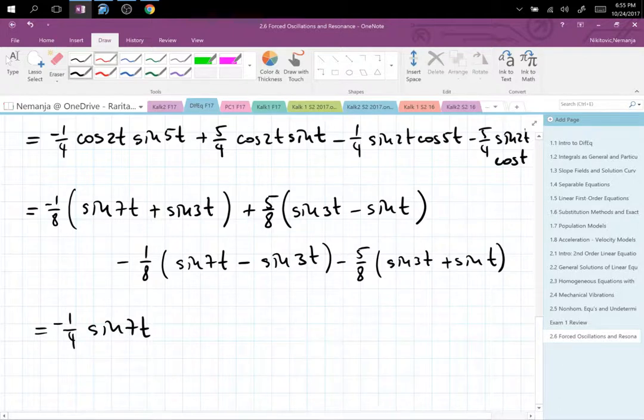And then these guys die. The 5/8 and the negative 5/8 sine 3t, they die. But the other guys add because it's negative and negative, so negative 5/4 of sine t. Beautiful. Look at it, it's compact after everything we did.